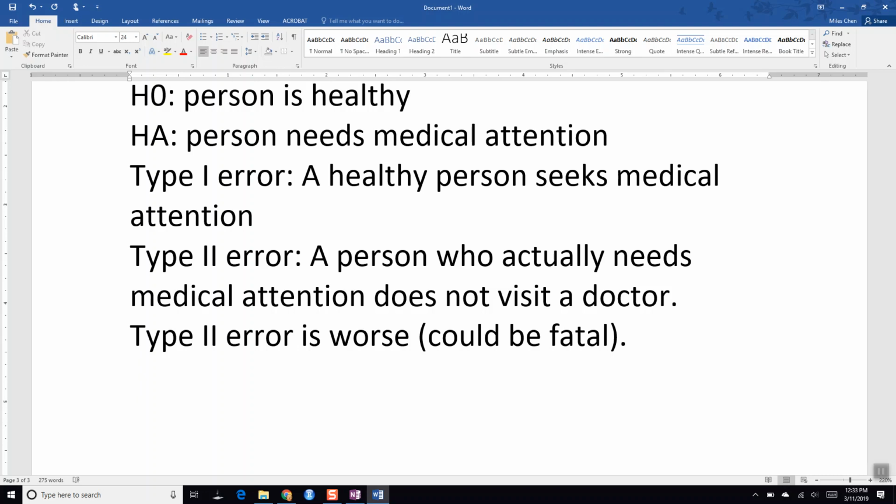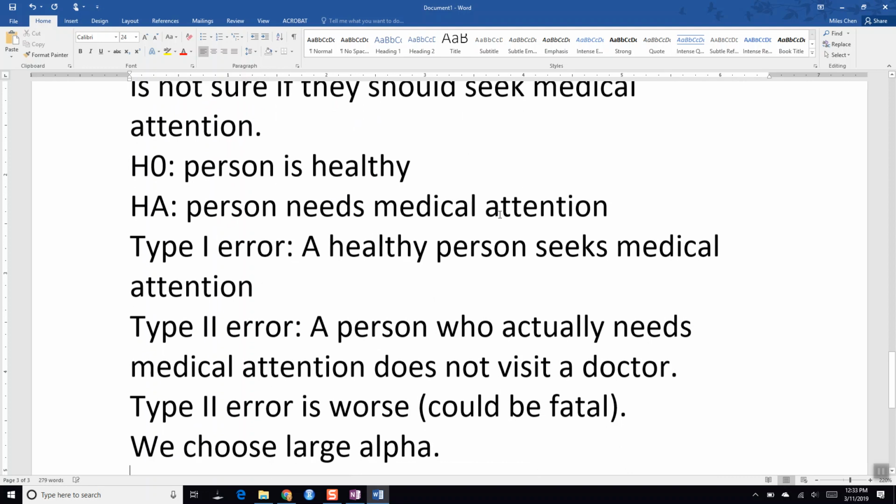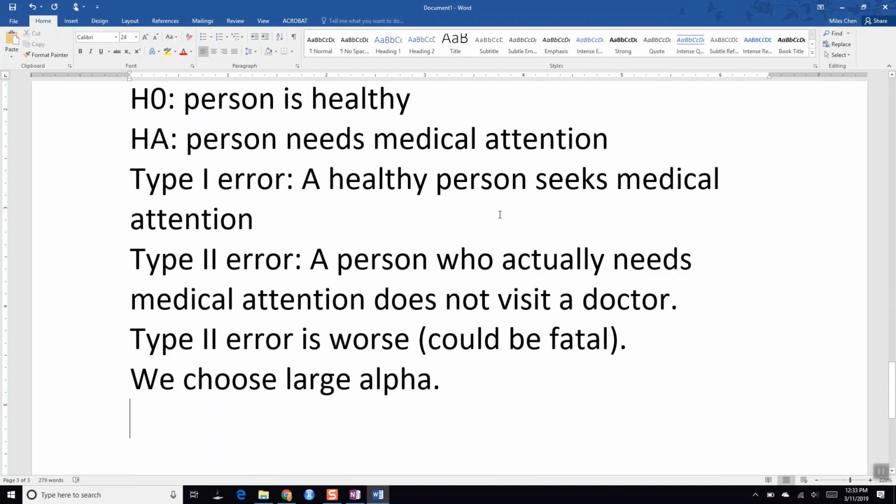Okay, so do we choose large alpha or little alpha? We choose large alpha. Can you guys think of any website that operates with a large alpha regarding medical diagnoses? This is why we have the WebMD memes, about, you know, anytime you type in a symptom, what's it going to say? It's going to say, you're about to die, you need to go see a doctor, right?